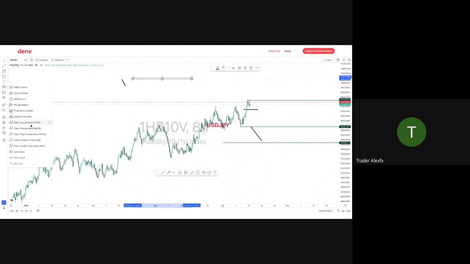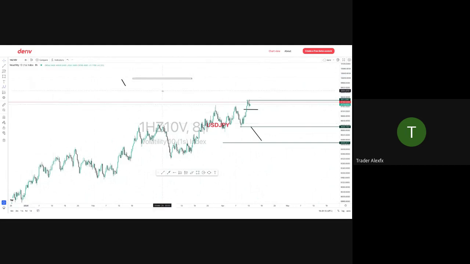Let me use the movement of 1 to 5. The market is moving, moving, moving.